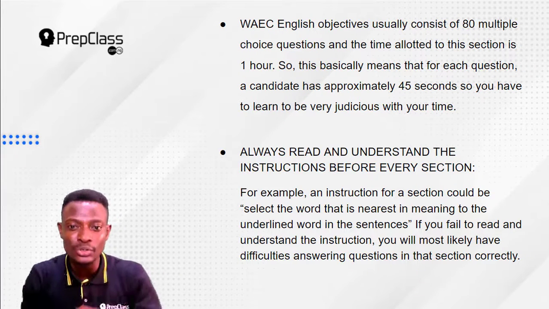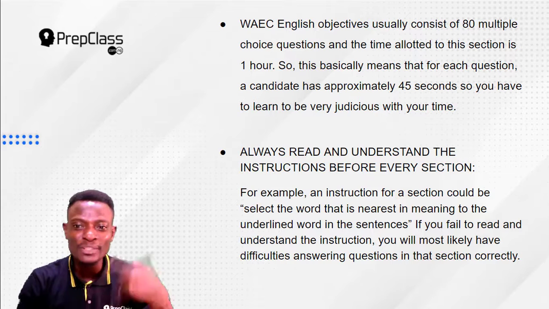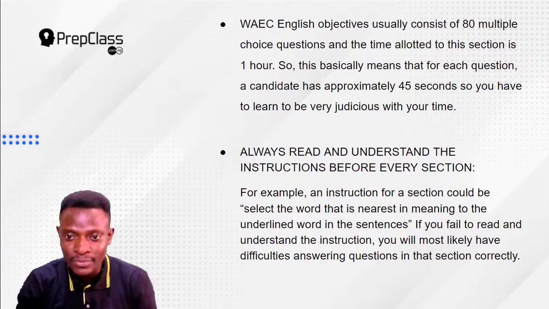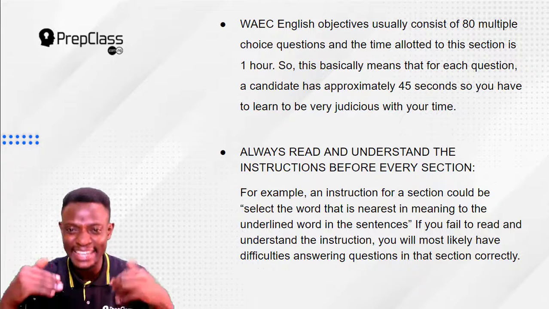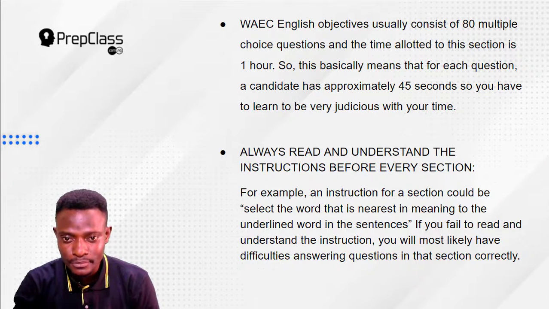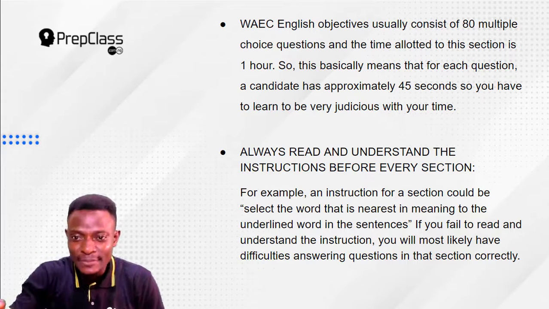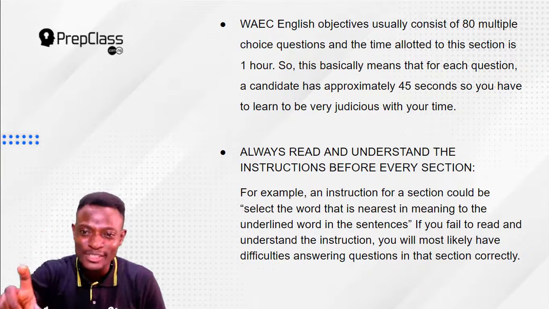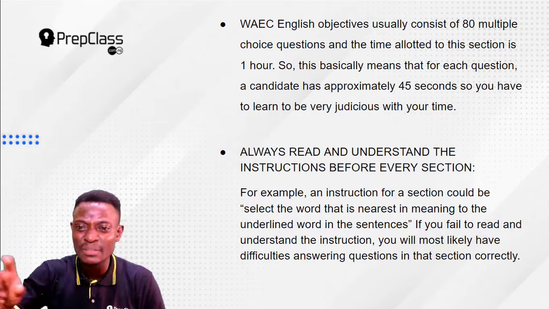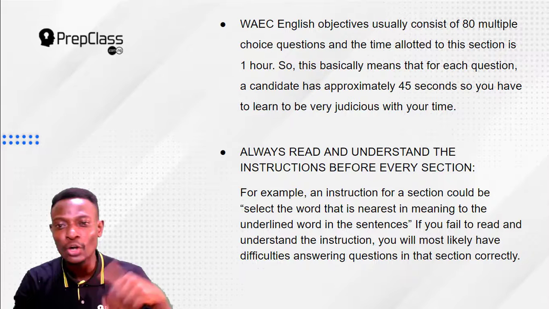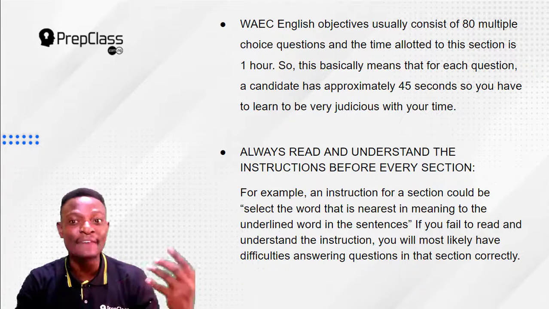If you fail to read and understand it, you will most likely have difficulties answering questions in that section correctly. If an instruction tells you to choose the nearest in meaning, you have to know the meaning of the word first before you can select the word nearest in meaning to it. So, always read and understand the instructions before every section.